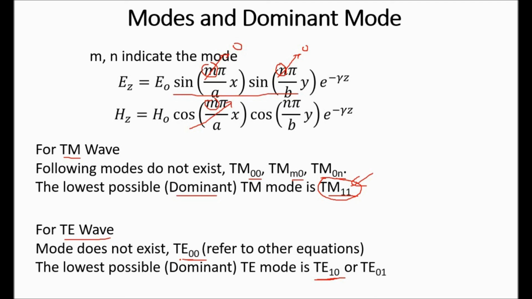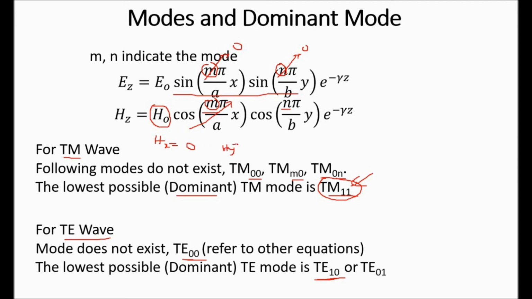From the expression, if you put m equal to 0 and n equal to 0, then Hz becomes a constant function. You cannot find the other components from a constant, since it is not varying. So we cannot put m and n both at 0 for TE mode.